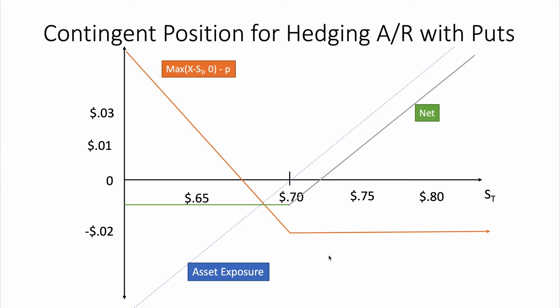A put option gives you something different. If you sell a forward contract, it is basically a zero-sum game. You know the line, one party's gain is the other party's loss. But an option is different. Now let's look at the red payoff, the red line of the put option, with the dotted blue line of asset exposure. The gain from the put option exercise will be offset by an asset exposure loss of the same size.